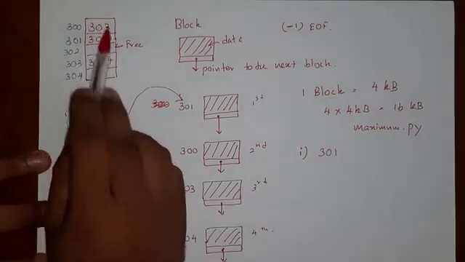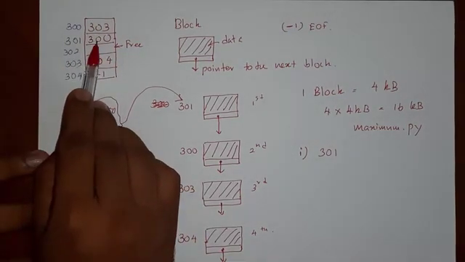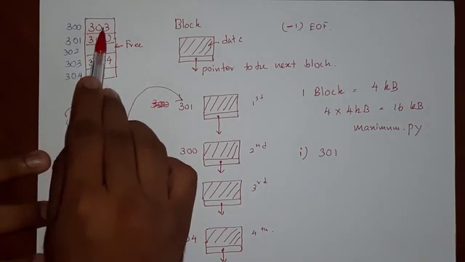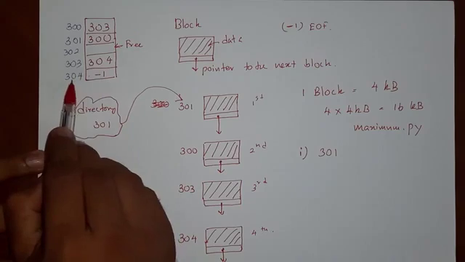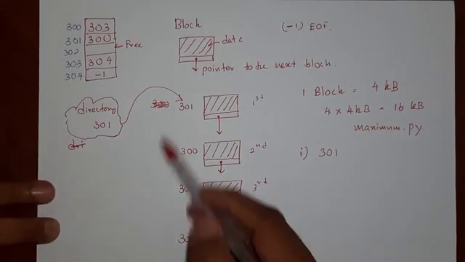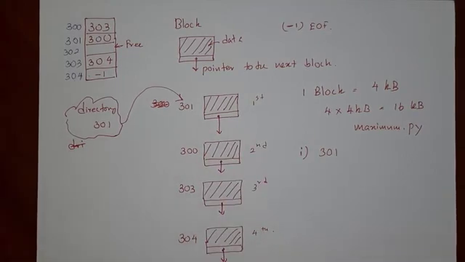So you can see from this diagram as well, 301 points to 300, which points to 303, which points to 304, which points to -1, meaning the end of the file. This is how the file is actually stored as a linked list. Linked allocation is the technology behind this.